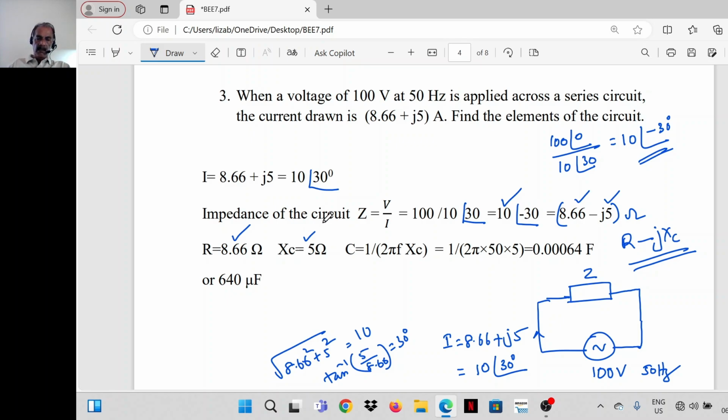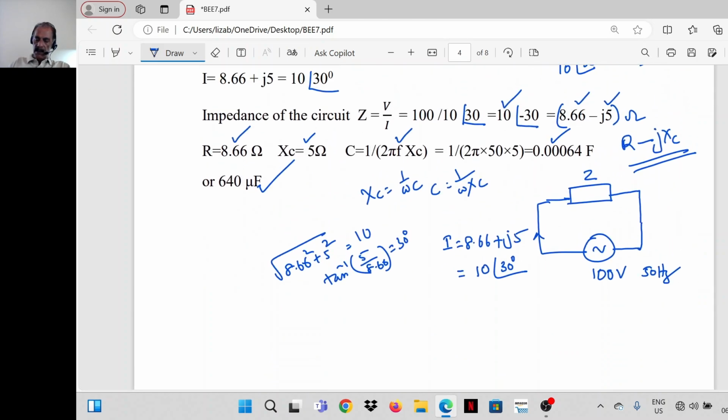And the capacitor value: Xc is equal to 1 by omega C, or C is equal to 1 by omega Xc, or 1 by 2 pi f Xc. Solving it, we will get 0.0064 farad, or 640 microfarad, is the answer.